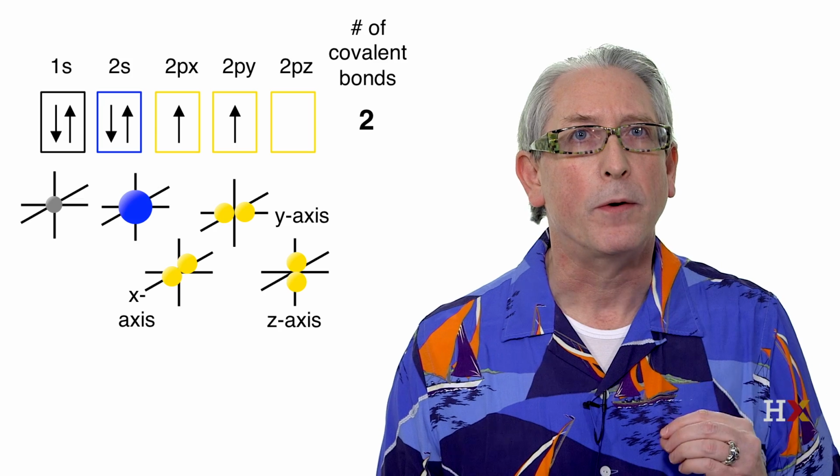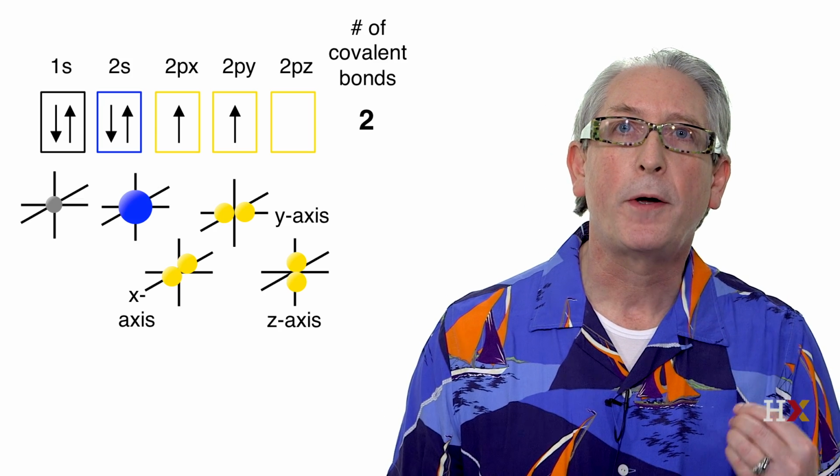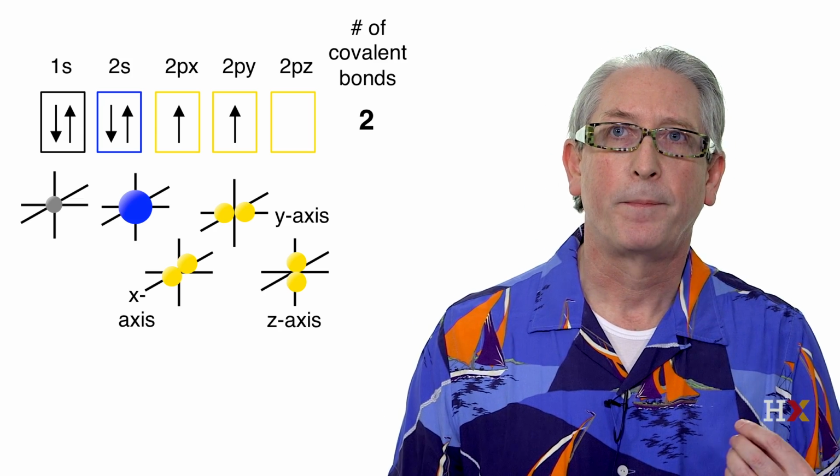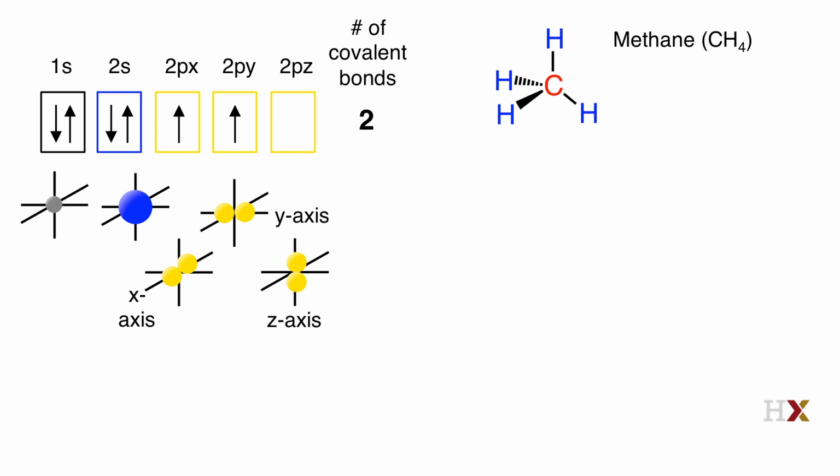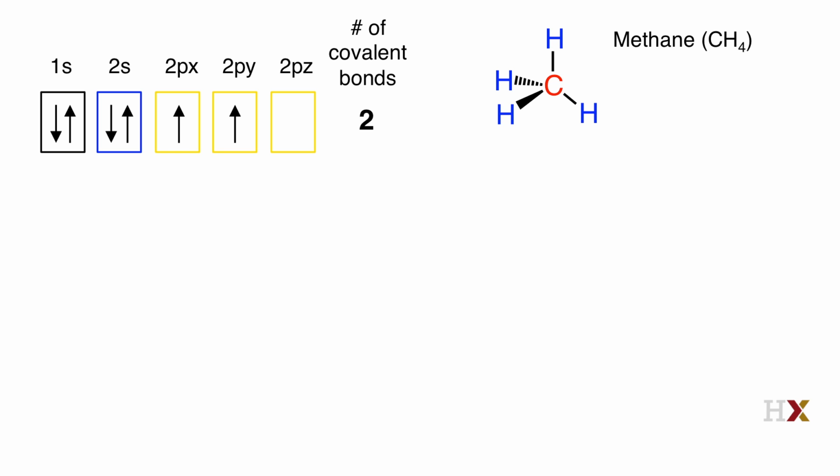But you probably know some molecules where carbon makes 4 bonds. Methane, a byproduct of the metabolism of some bacteria, is one such molecule, where one carbon forms 4 bonds with hydrogen atoms, as you can see on this 3-dimensional structure.